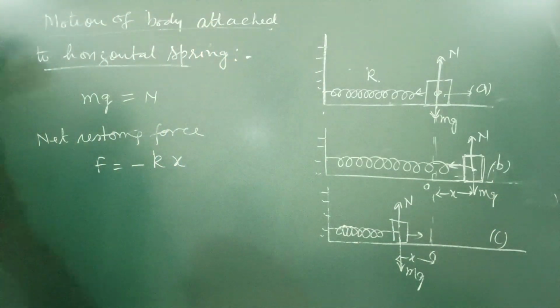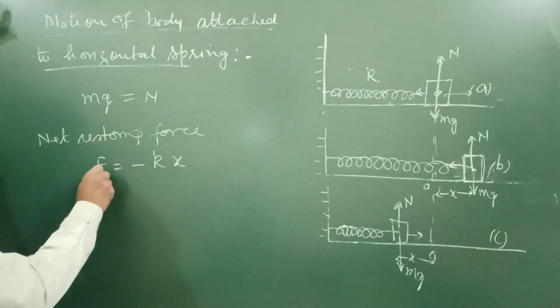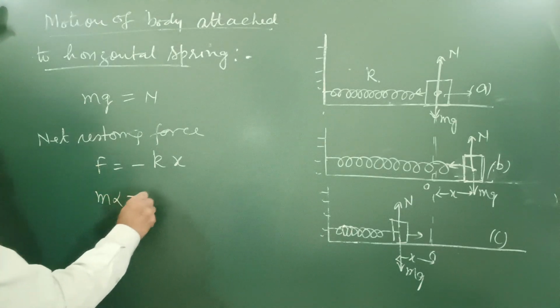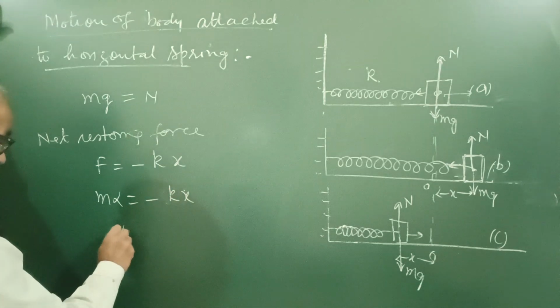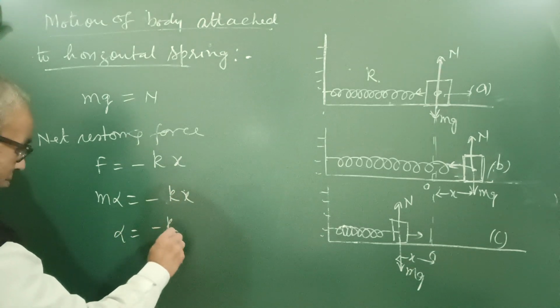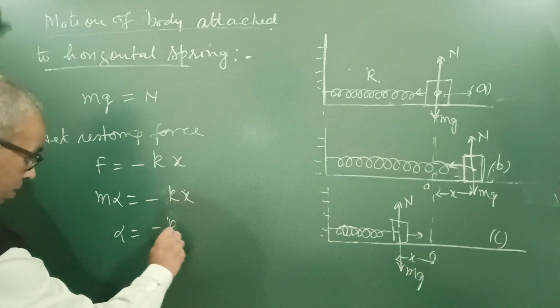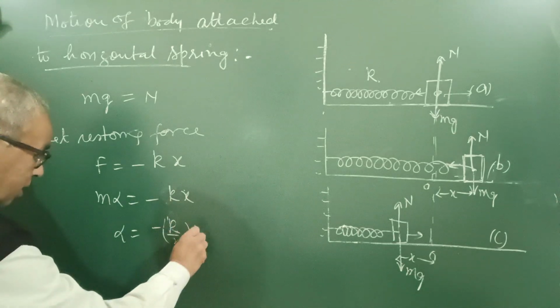If alpha is the acceleration, then F is equal to m alpha is equal to minus kx, or alpha is equal to minus k upon m into x.